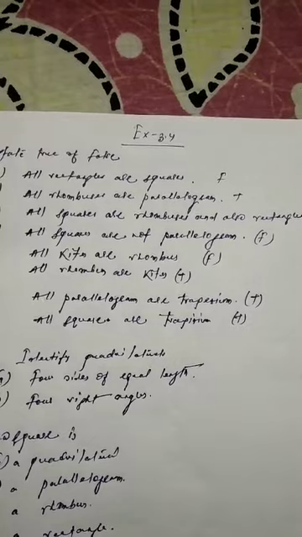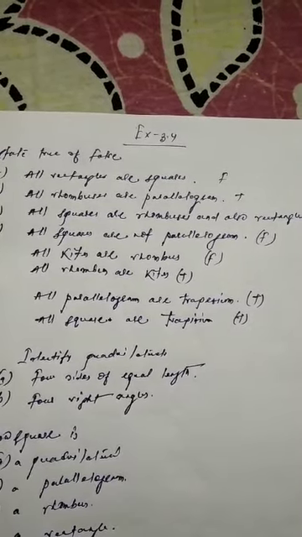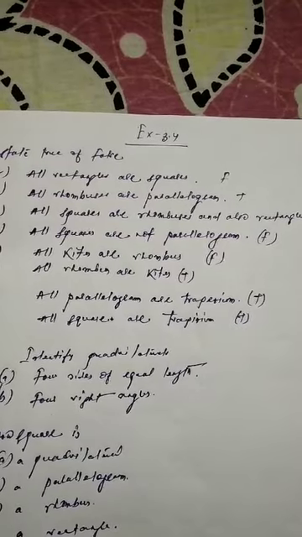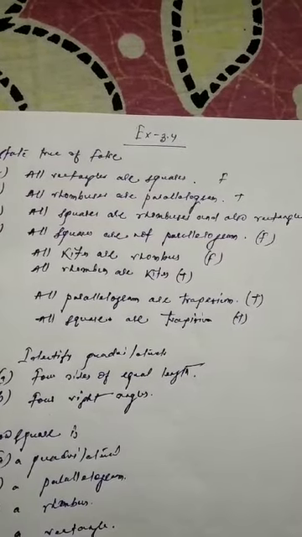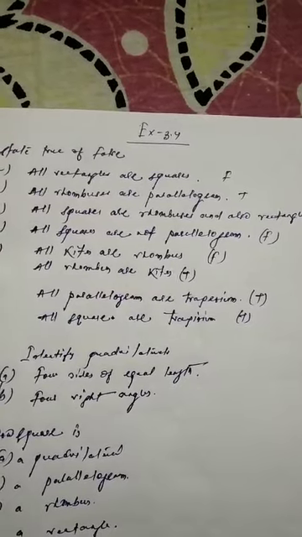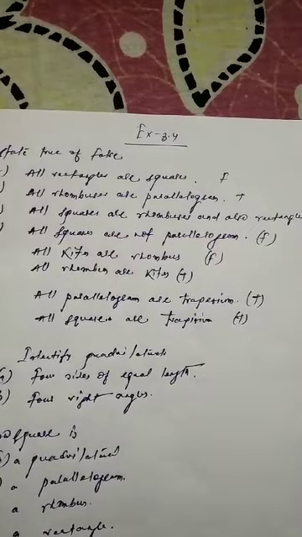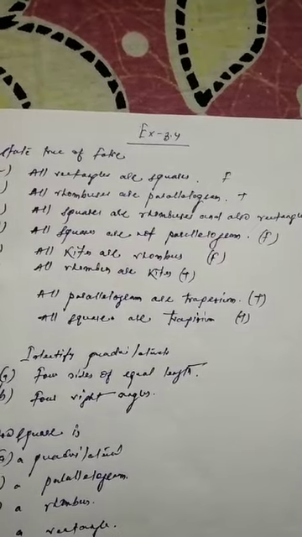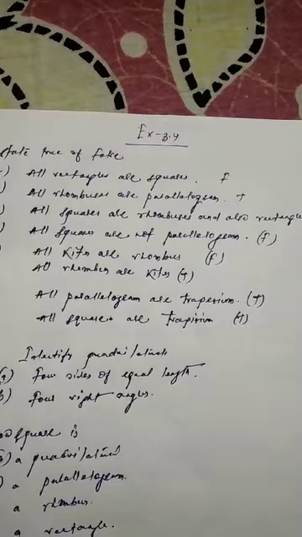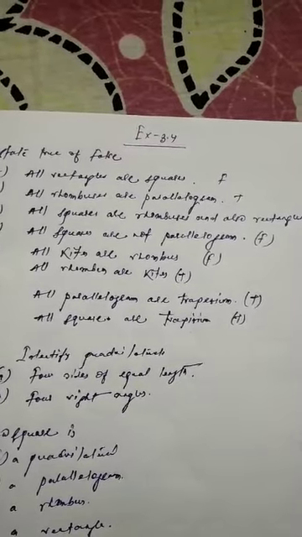In both, diagonals bisect each other, and opposite angles are equal. So we could say that all rhombuses are parallelograms.